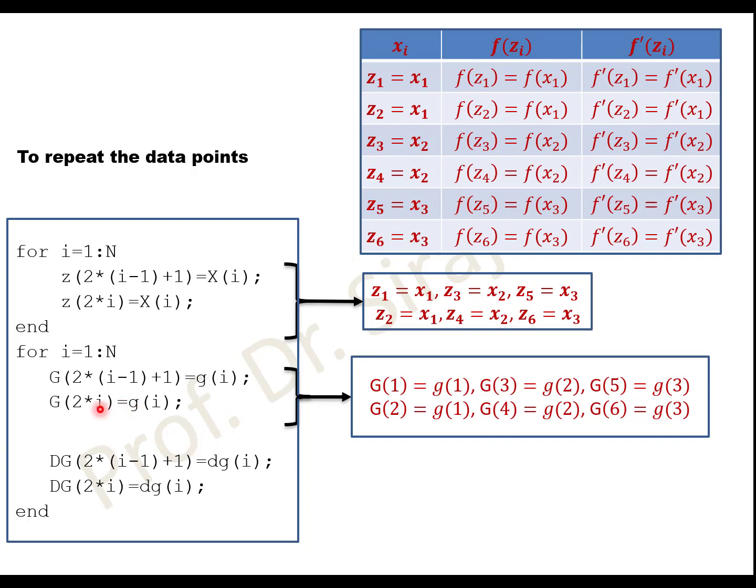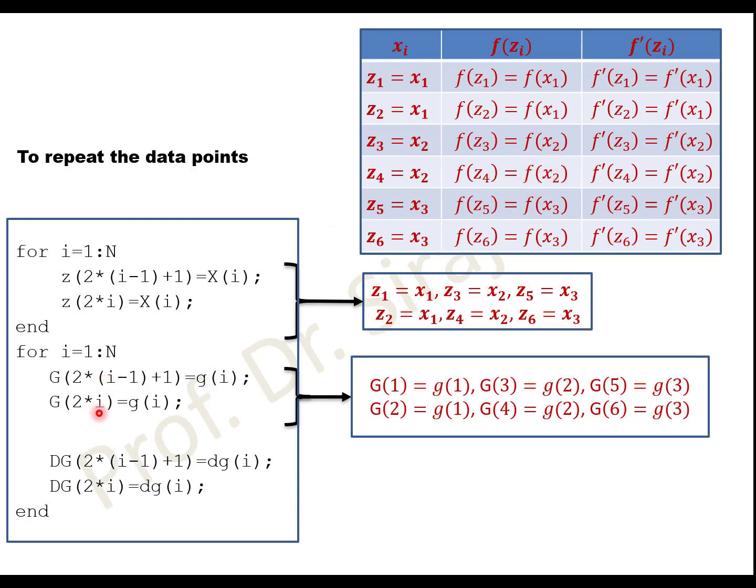Now let's come to the next line. This is for E1. I is equal to 1, and G2 is equal to G of 1. Yes, G2 is equal to f of x1, which we were looking for. I is equal to 2, G4 is equal to G of 2, which is f of x2, which we were looking for.